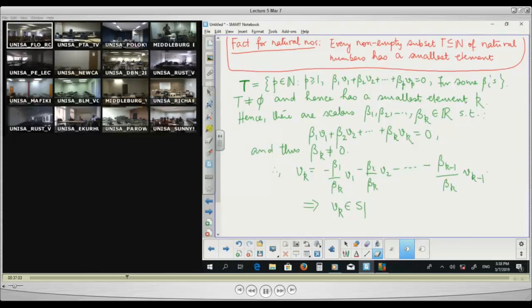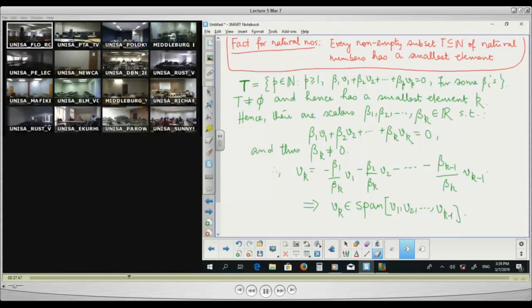Now you say, what about the other one? Yes. I was just waiting for you. Now, let me repeat this. If beta k is non-zero, it's not only this. There's also another possibility, and that is, Vk can be zero. Okay? So, if Vk is zero, then you already have zero is a non-trivial linear combination of the previous ones also.